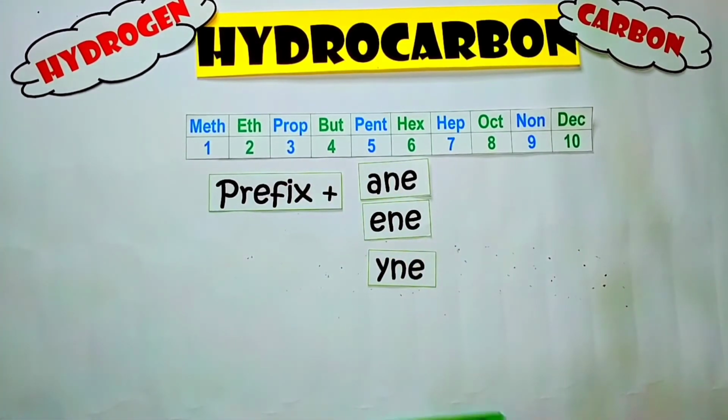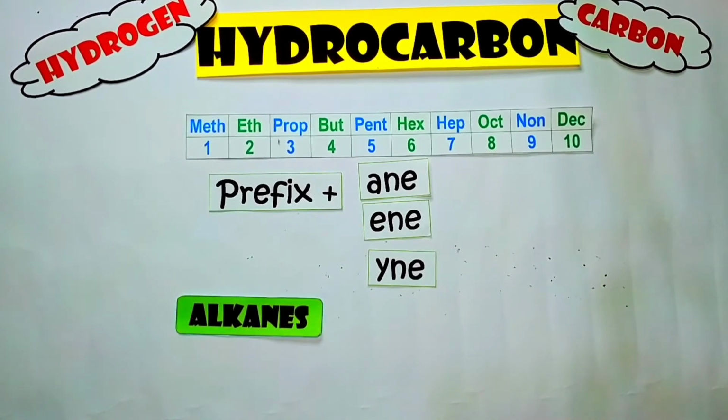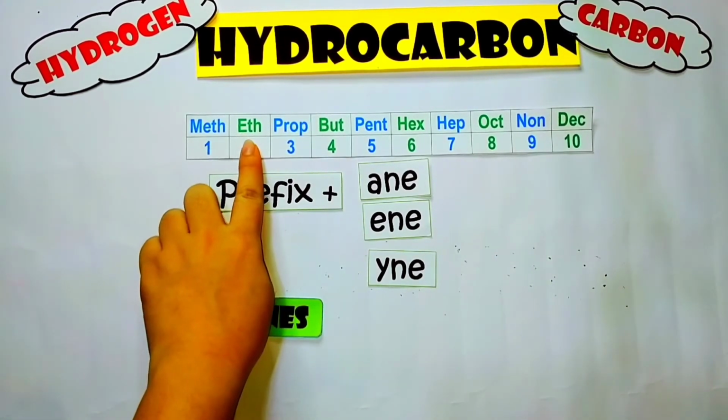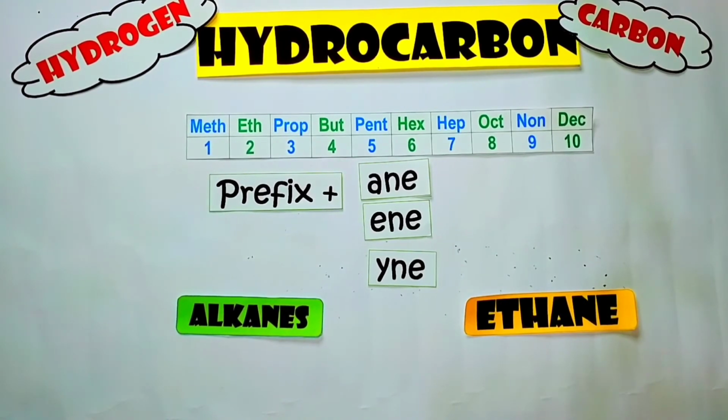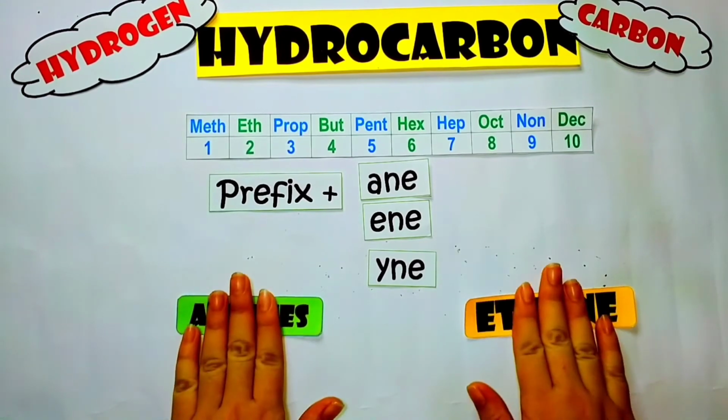For example, under alkane, I have 2 carbon atoms. What do you think is the name of that alkane? Very good. It's ethane, because of the prefix "eth", which is 2 carbon atoms, plus the suffix "ane" for alkane.